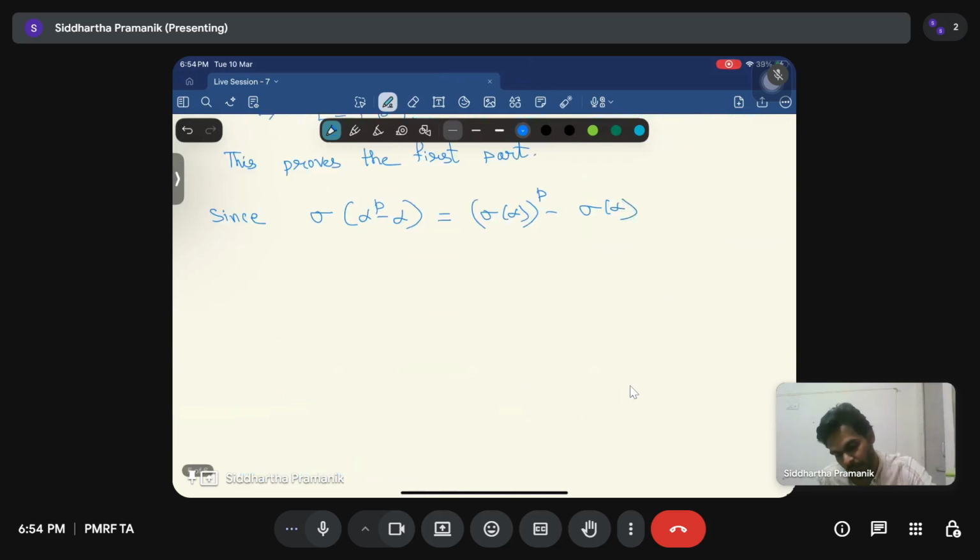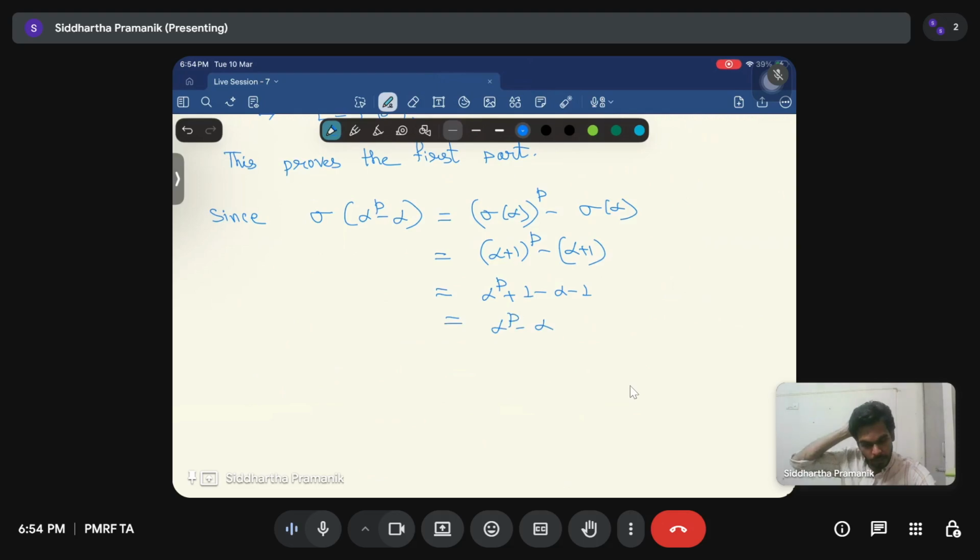Let's use that. So it is basically alpha plus 1 whole power p minus alpha plus 1, but we are in characteristic p, so this is alpha power p plus 1 minus alpha minus 1. So this is alpha power p minus alpha.